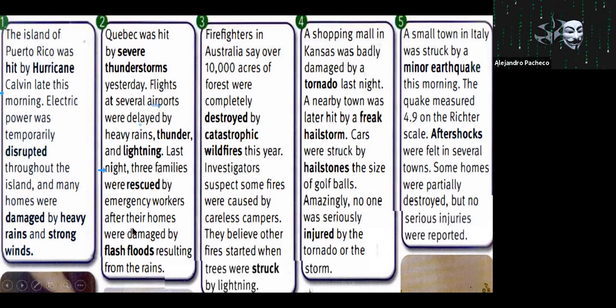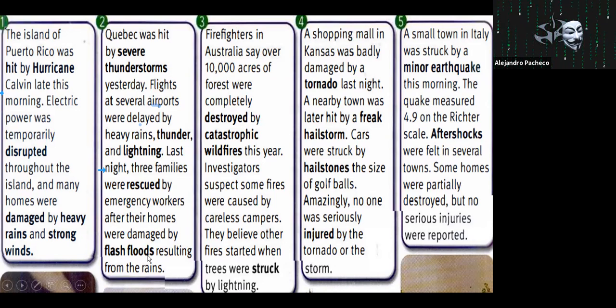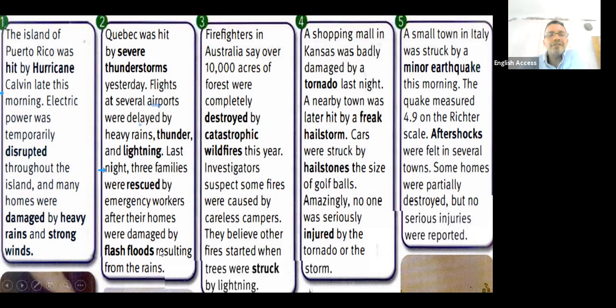Rescue. This one is flash floods. Flash floods. Floods. Do you know what floods are? Anyone? Do you know what floods are?